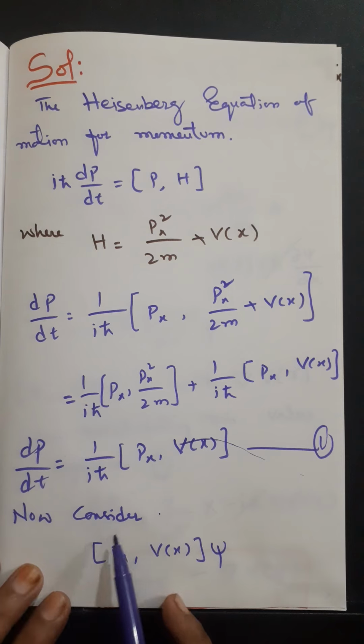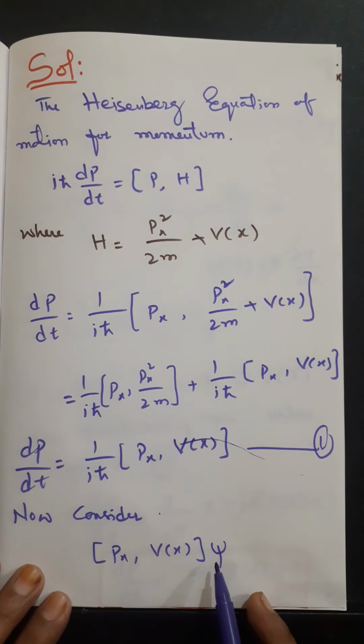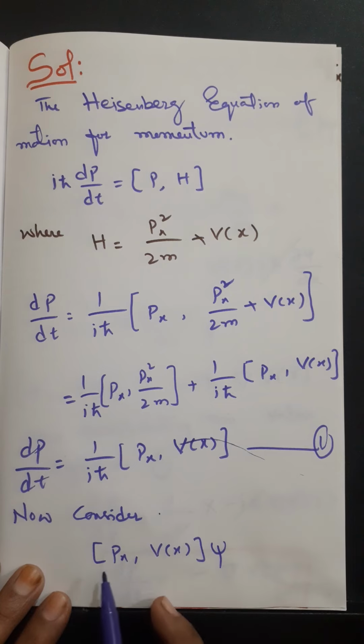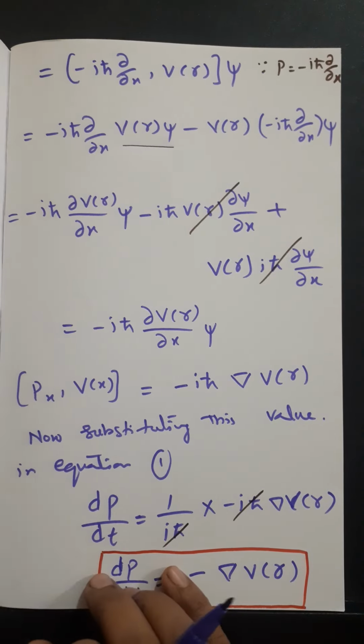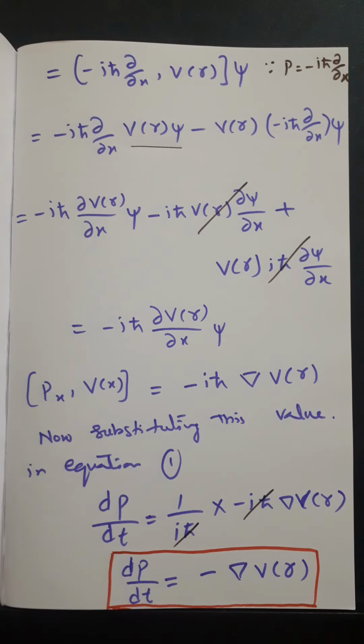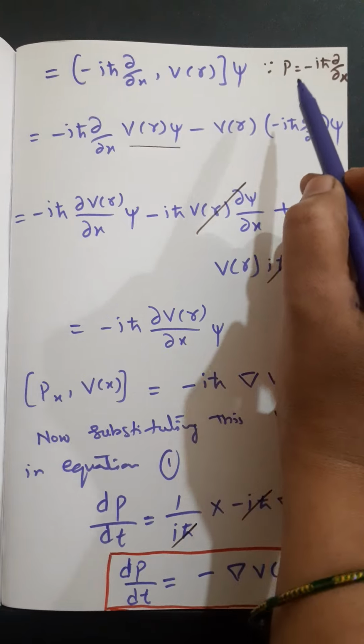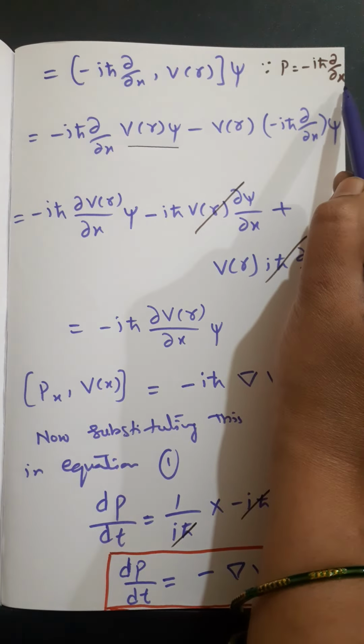Now consider the commutator of px and V of x acting on psi. We have to calculate the value of px, V of x on psi. The p value is the momentum operator, which we write as minus i h cross dou by dou x.